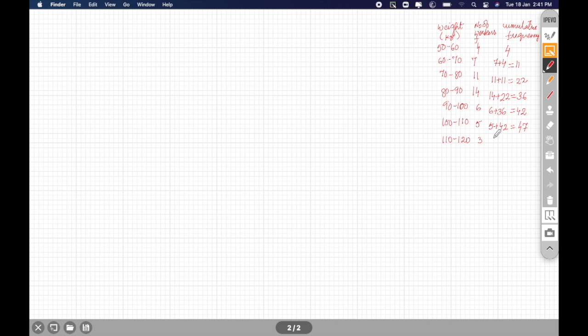And 47 plus 3 gives us 50. So if you add the frequency column, the total frequency will come out as 50. And when you prepare the cumulative frequency table, in this case also the last cumulative frequency will come out to be 50.